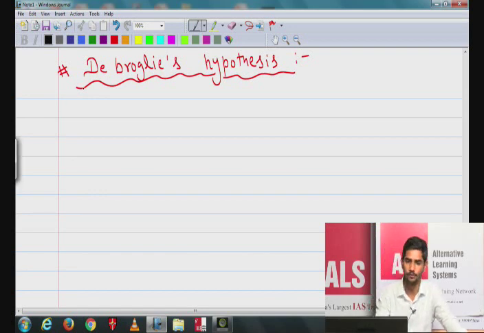Now, first of all, let us state this theory, and after that we will see its clarification, its concept, numerically, what happened actually over there.